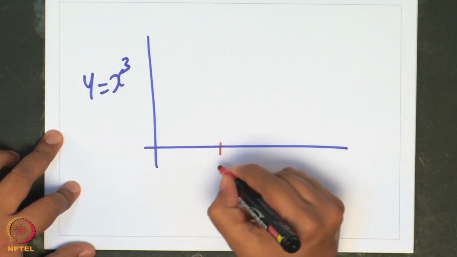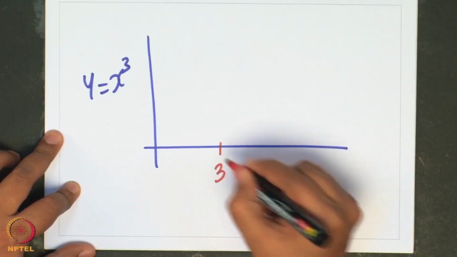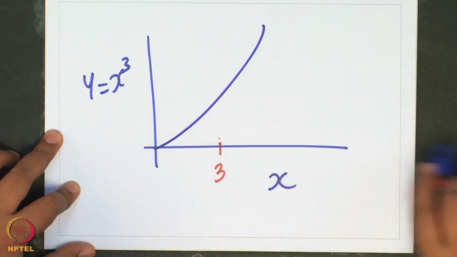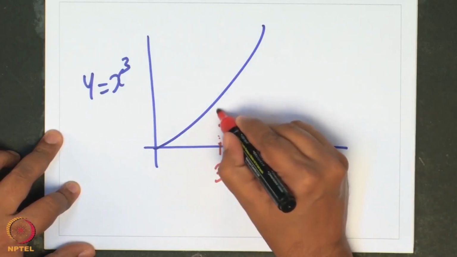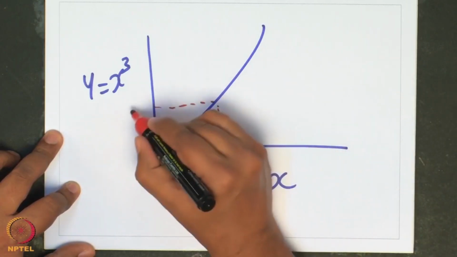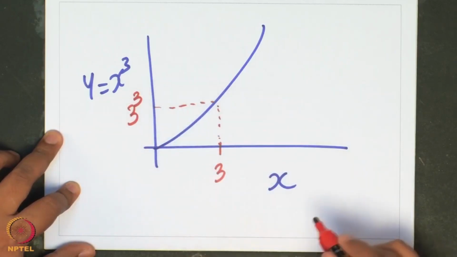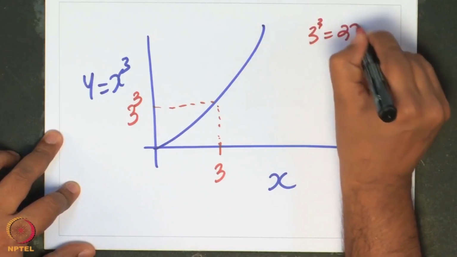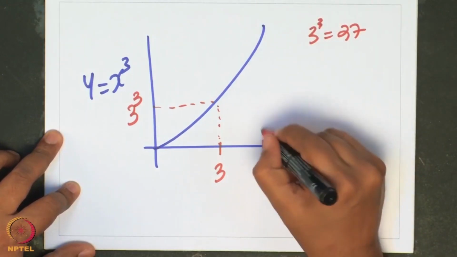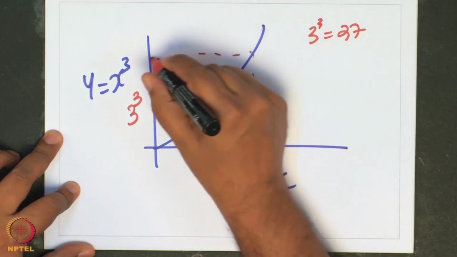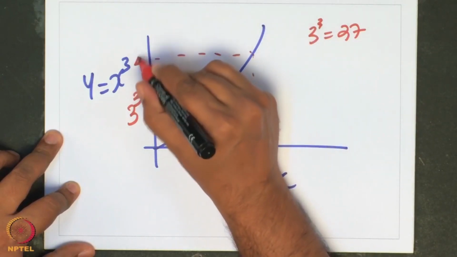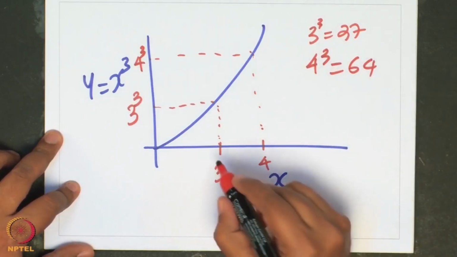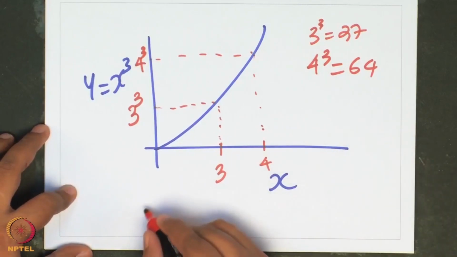If you take x equal to 3, we have this curve y is equal to x cube, and correspondingly 3 cube, which is 27, and you can take 4 and you have 4 cube, which is 64.